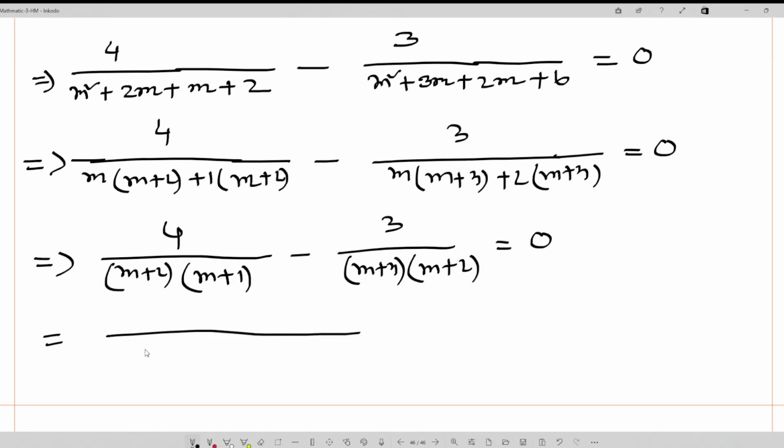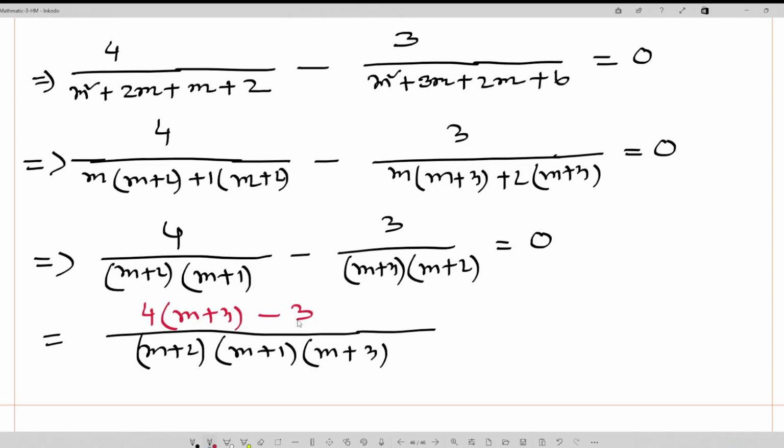So for the LCM, the common thing is m plus 2 and the uncommon things are m plus 1 and m plus 3, right? So we can write 4 times m plus 3, minus 3, and here is m plus 3, m plus 2, so we can write m plus 1.